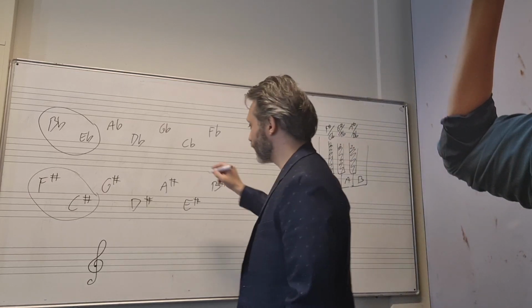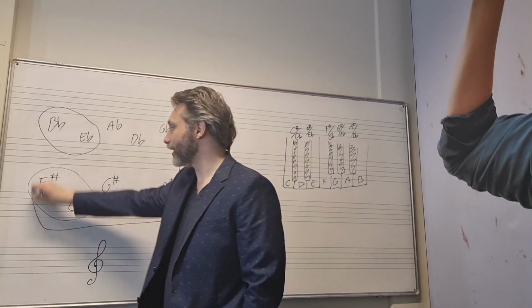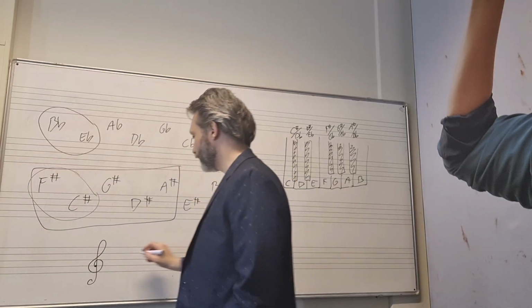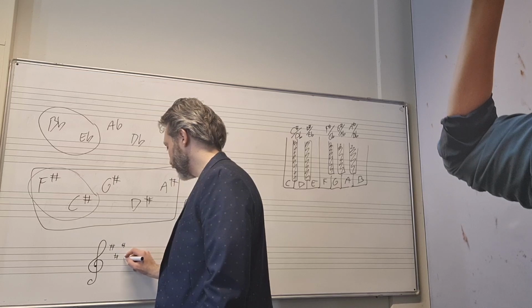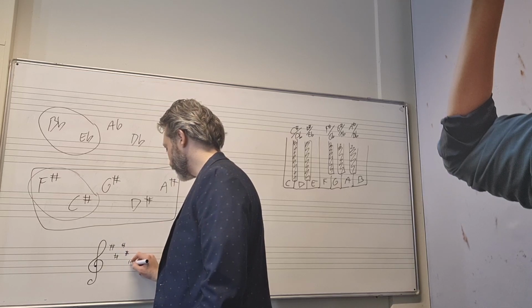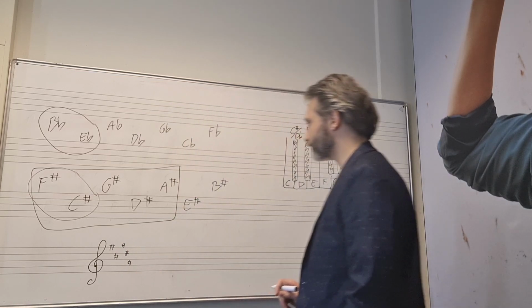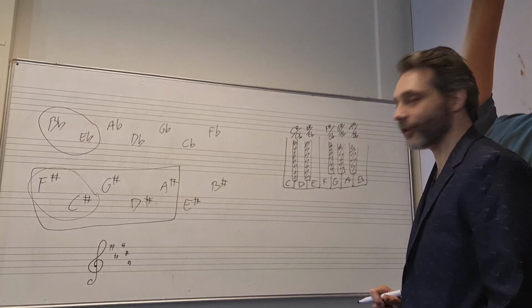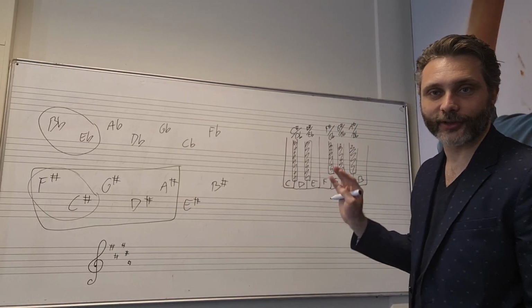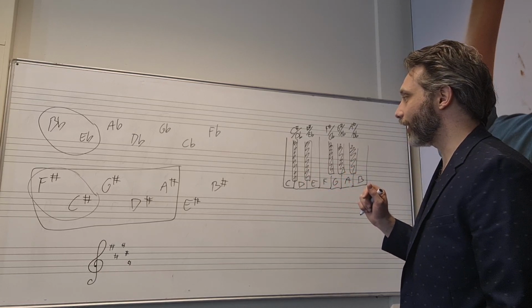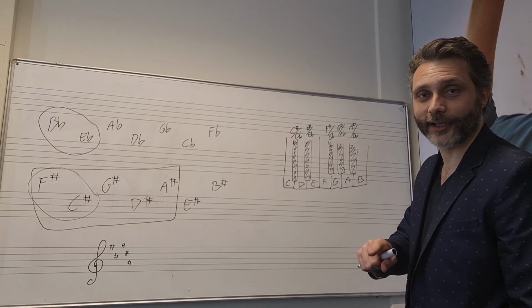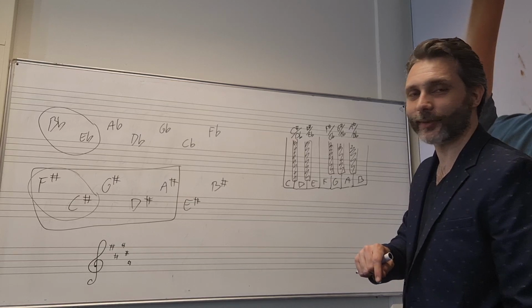So if we're in a key containing 5 sharps, that would be the key of B, then we get F sharp, C sharp, G sharp, D sharp, and A sharp. And you need to know the order in which to write them, so it always looks the same, so it's very easy to identify which key something is in. Okay, now we are ready to do something a bit more fun.